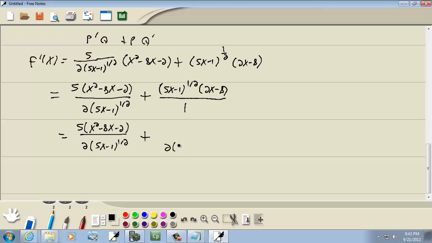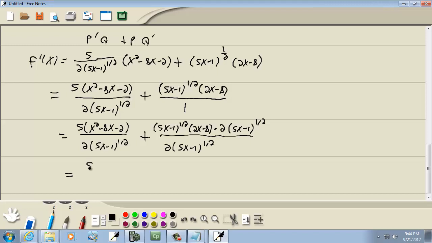Now, over here, this is our new denominator. Now, we multiplied the bottom part by 2 times 5x minus 1 to the 1/2, so we have to multiply the top part by it. So I'm going to have 5x minus 1 to the 1/2, 2x minus 8, times 2 times 5x minus 1 to the positive 1/2.